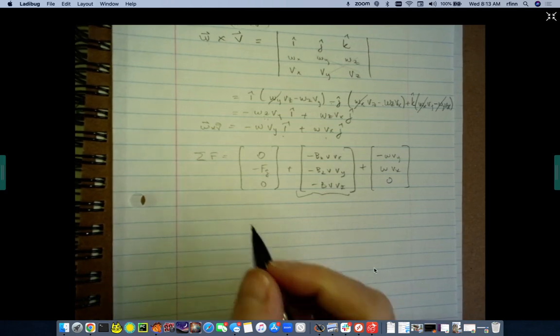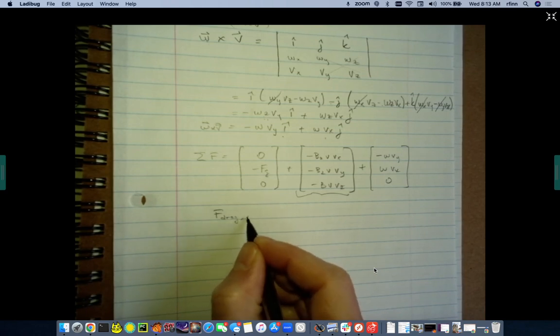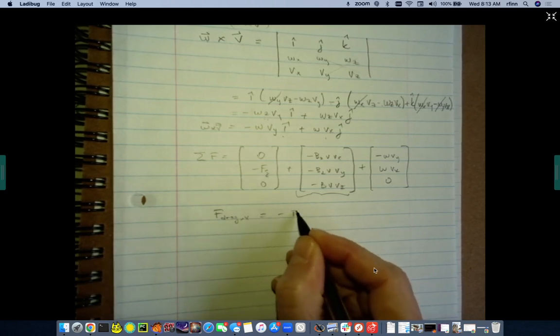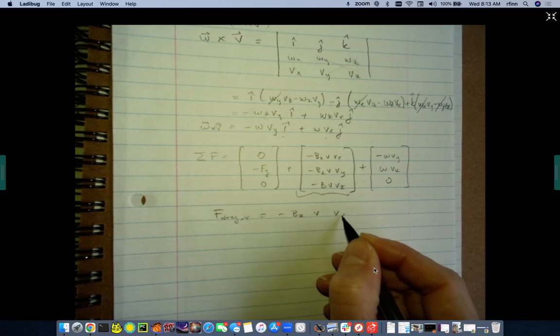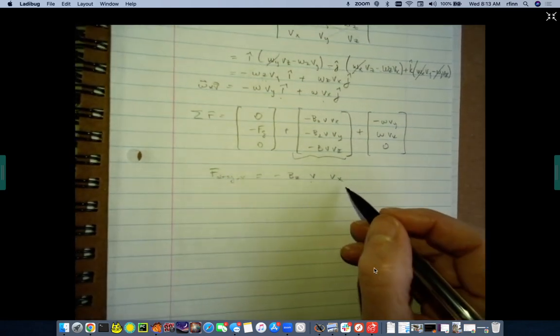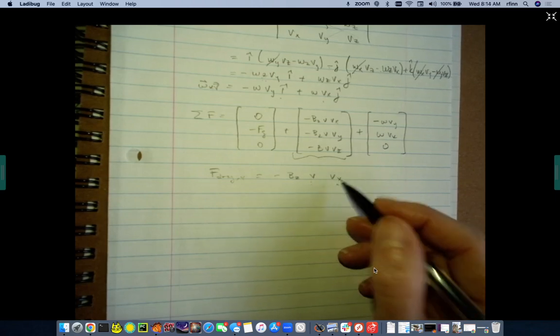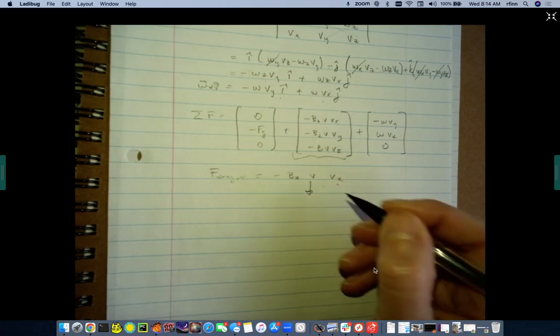Okay, so to incorporate wind, if we look, for example, at the drag in the x direction, B2 V Vx, this V is the magnitude of our velocity, our speed, and this is the x component of the velocity. So when we have wind, these are going to change.